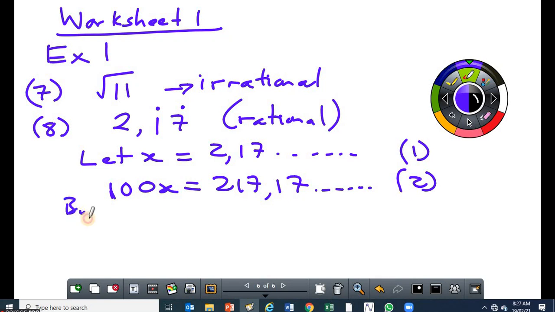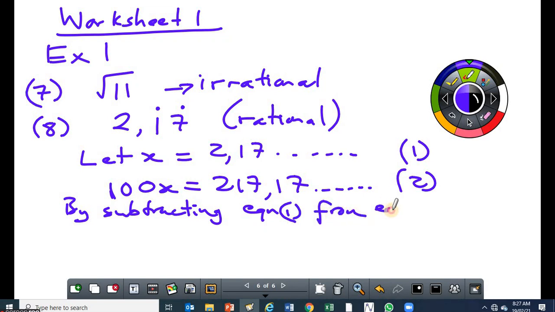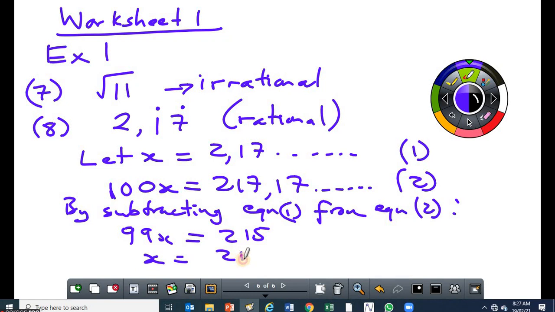So by subtracting equation 1 from equation 2, okay, we'll end up having 99x is equal to 215. Okay, no calculator. Then you divide both sides by 99, so your x is going to be 215 over 99.